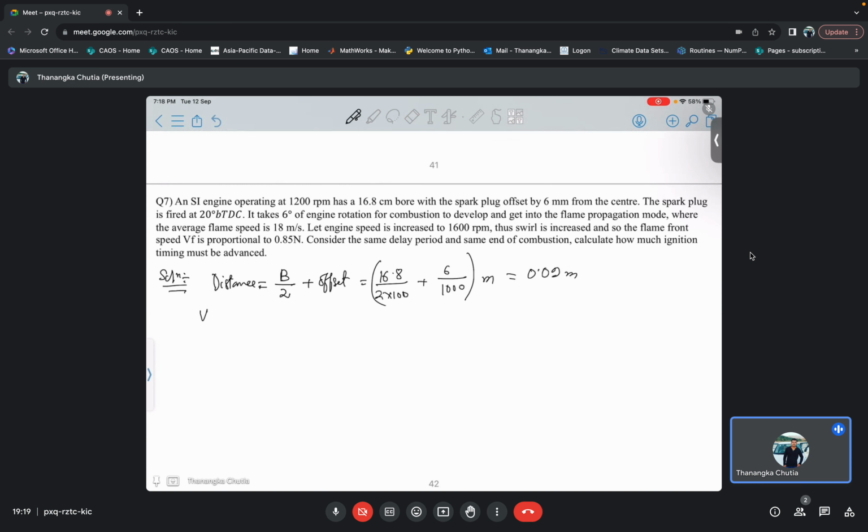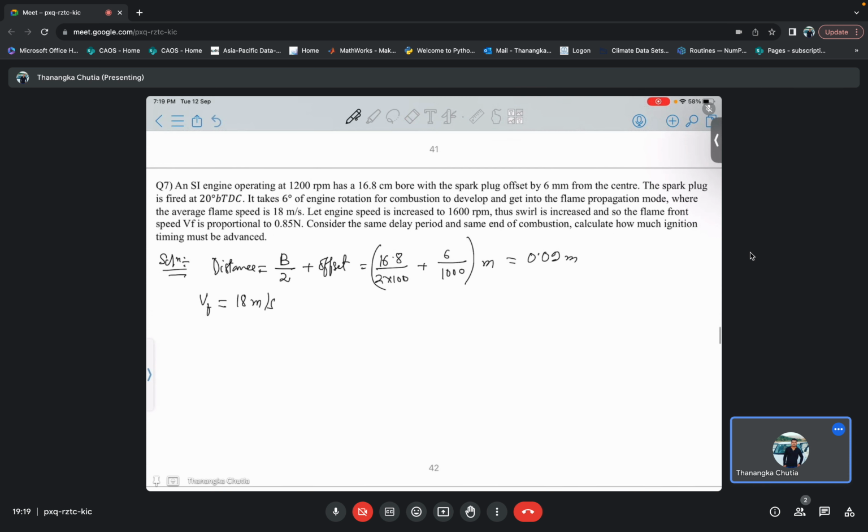Okay, and flame speed is given to you as 18 meters per second. Therefore time of flame propagation is equal to what? Distance divided by Vf.